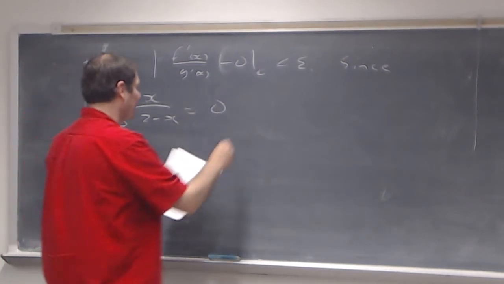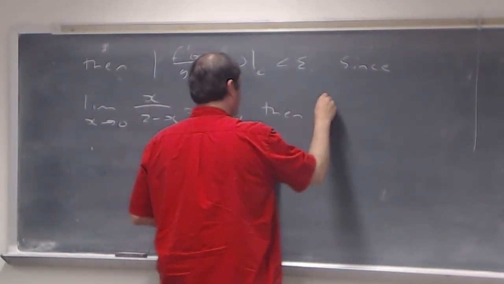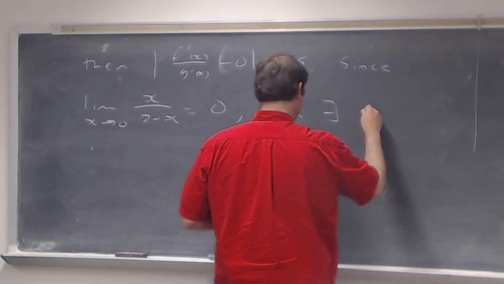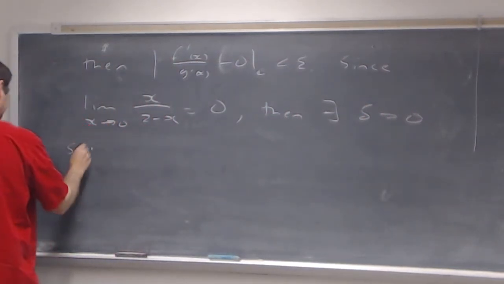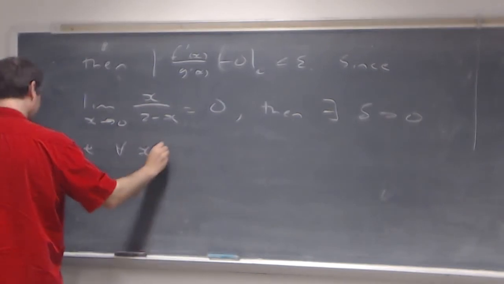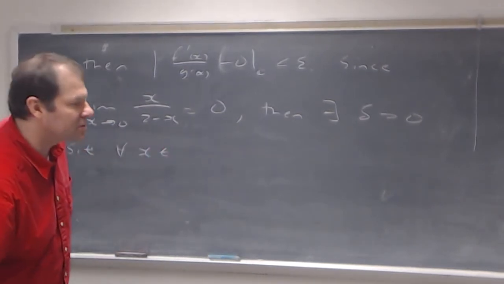Okay, say that. Then, there exists a delta bigger than 0, such that for all x, did I say that was between 0 and 1? Yeah, I did.